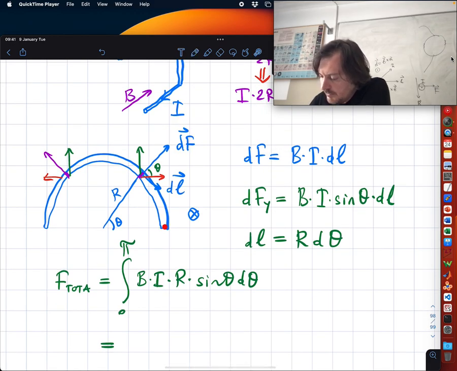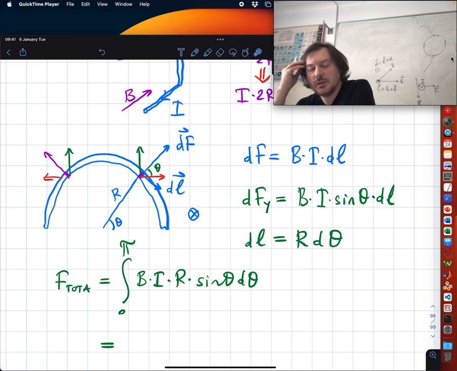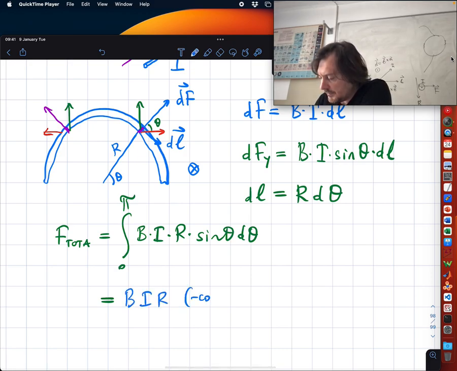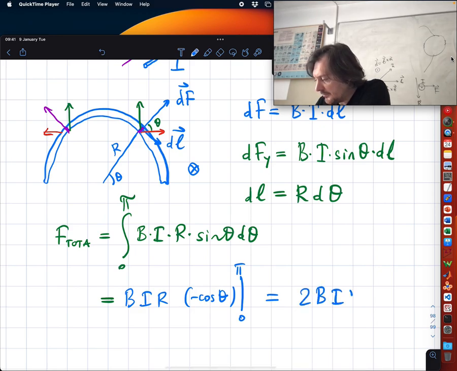We start here. We go all the way here. Right? BIR sine theta. What is the integral of sine theta? Minus cosine. So I have BIR times minus cosine theta evaluated at pi and 0. And I get 2BIR.